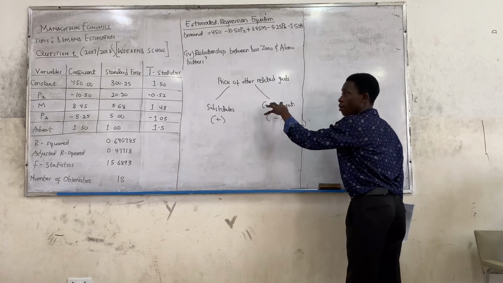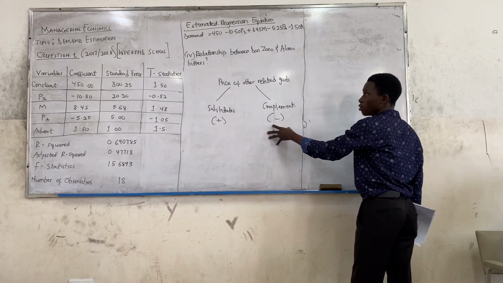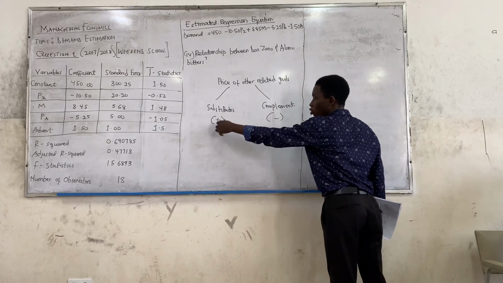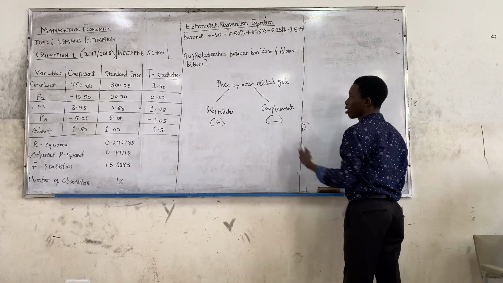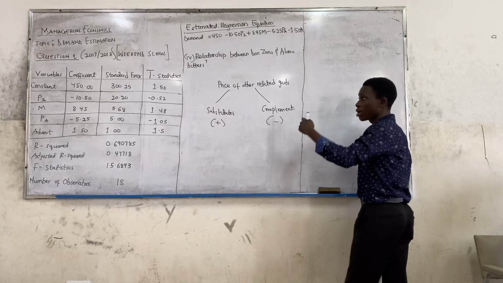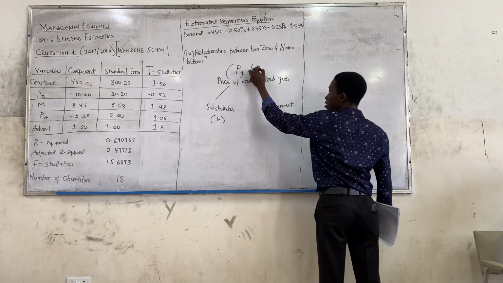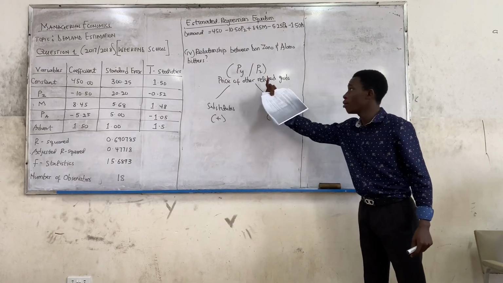So price of other related goods: substitute or complement. Substitute positive, complement negative. Whenever the question states what is the relationship, they're asking whether it's a substitute or a complement. Note that with price of other related goods, they either use PY or PZ. These are the only variables we use to denote the price of other related goods.